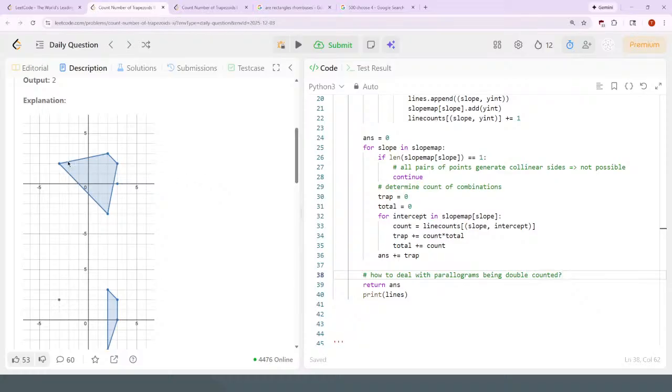So it's going to recognize that this thing, whatever slope this is, has 2 y-intercepts. And then this one pairs with this one, so it's 1 times 1.